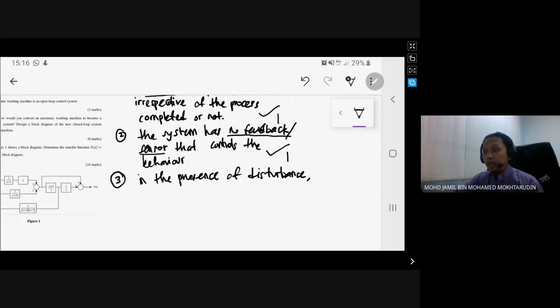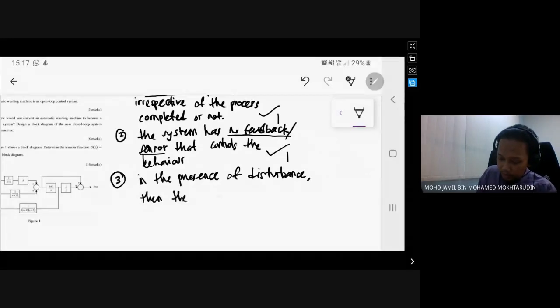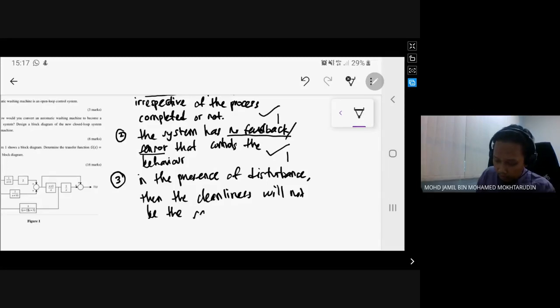Maybe you say when your cousin stops the machine, then the cleanliness will not be the same as desired.